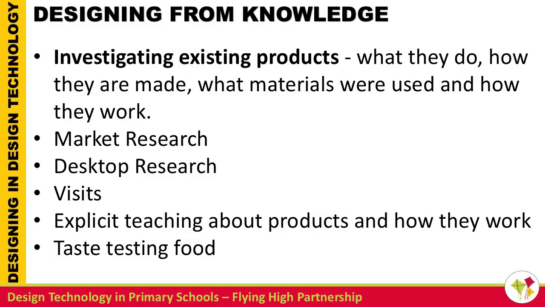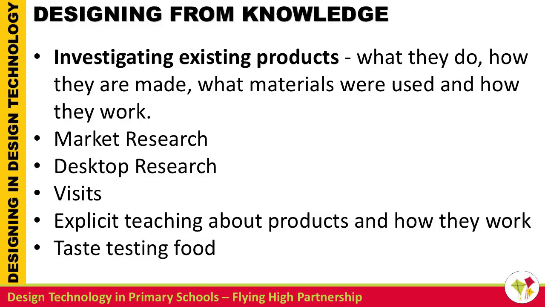Sometimes there can be explicit teaching about products that provides knowledge about what they are, how they work, and how they are made. When working with food, it is all about creating a food product that tastes nice and that people will want to eat. So an important part of cooking and nutrition is to provide children with opportunities to taste test food and to develop a taste vocabulary to describe the taste, texture and appearance of food.